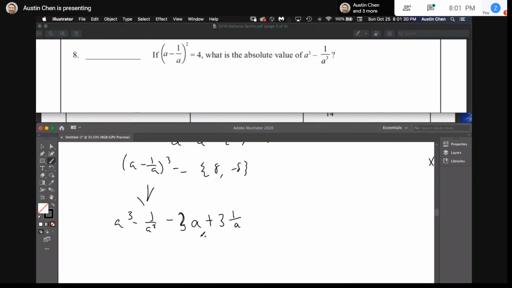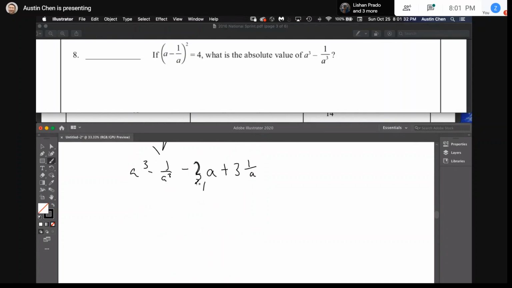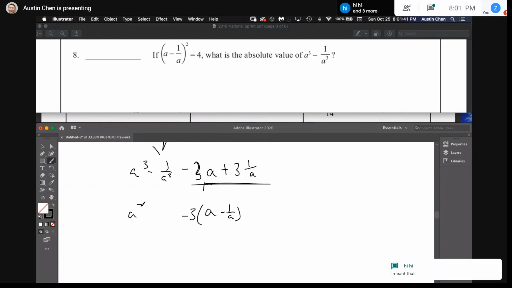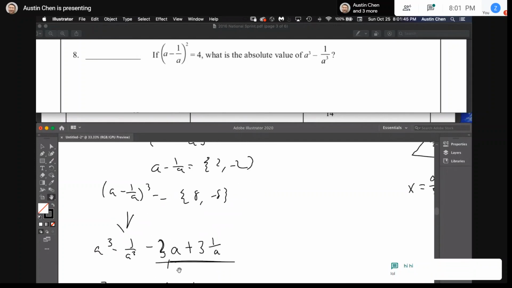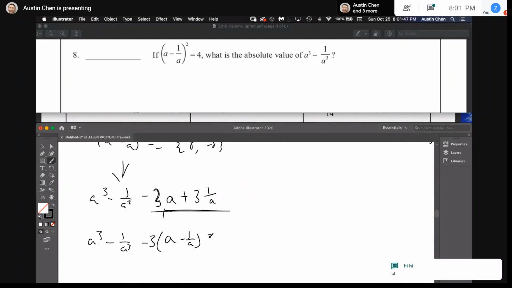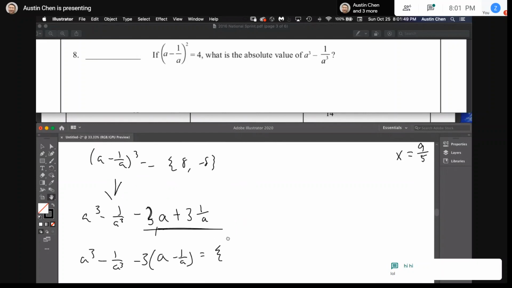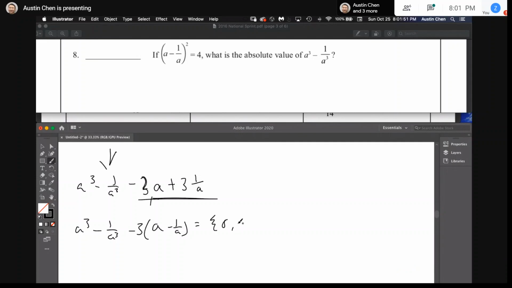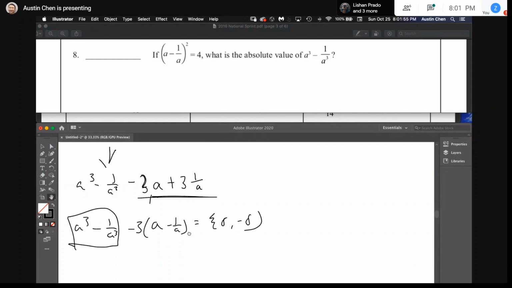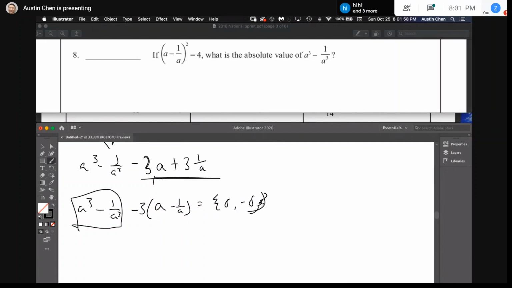All right. So then this is actually really good because you can factor out the 3, or actually negative 3, and then you will get a minus 1 over a, which is good because that is what we found earlier, right? And we know this equals 8 or negative 8, and we want to find the absolute value of this. Well, we can just assume any of these values.